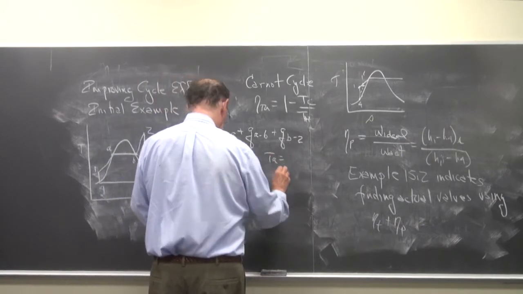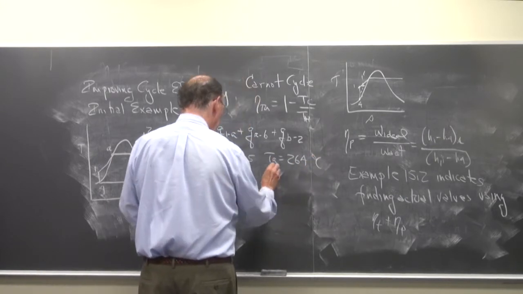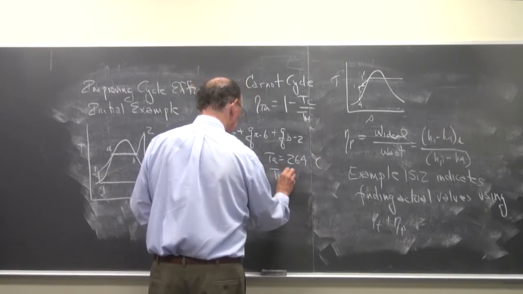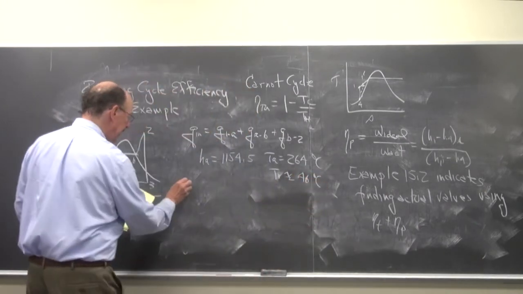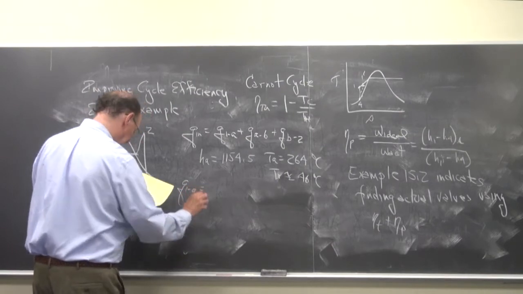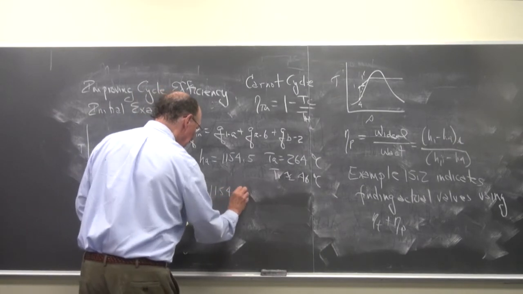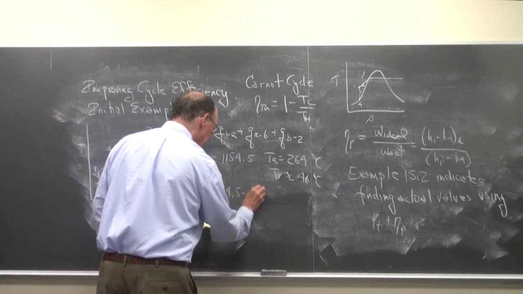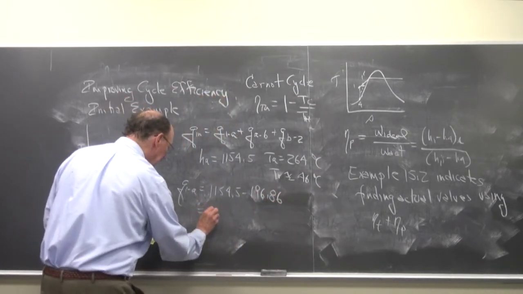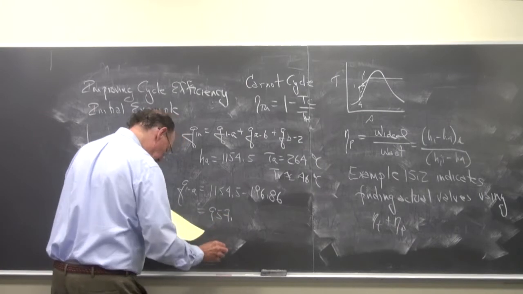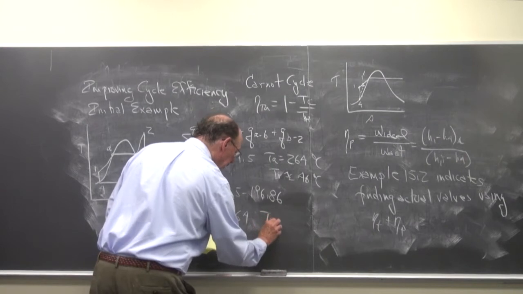TA is equal to 264 degrees C. T1 is about 46 degrees C. So Q1A is equal to 1154.5 minus 196.86, is equal to 957.64, and TAV.